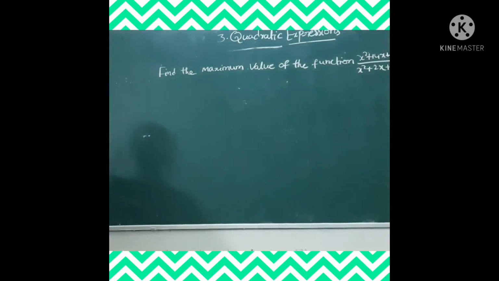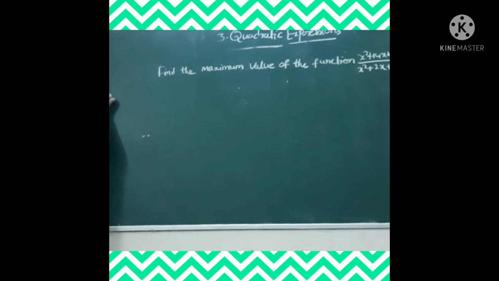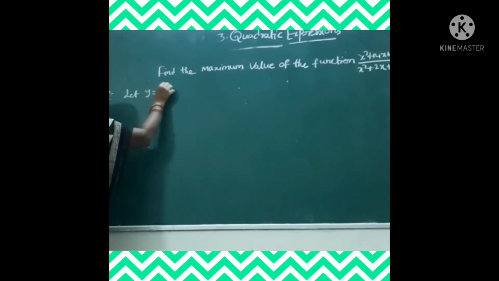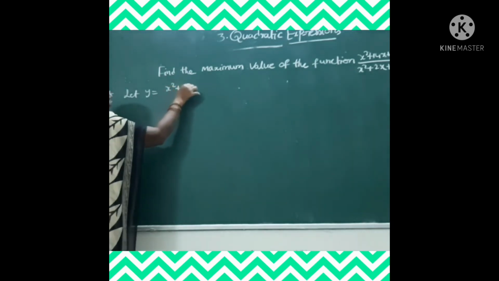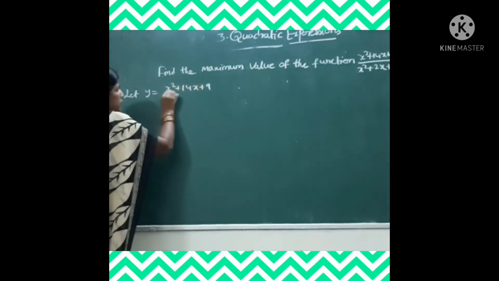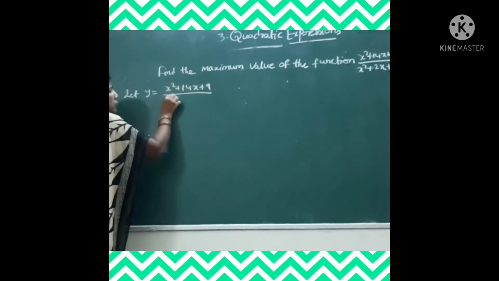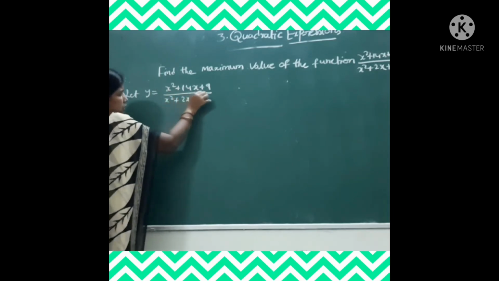So first we find out the range of this function, the range of the quadratic equation. So solution: first, the given expression, let y be equal to x square plus 14x plus 9 by x square plus 2x plus 3.